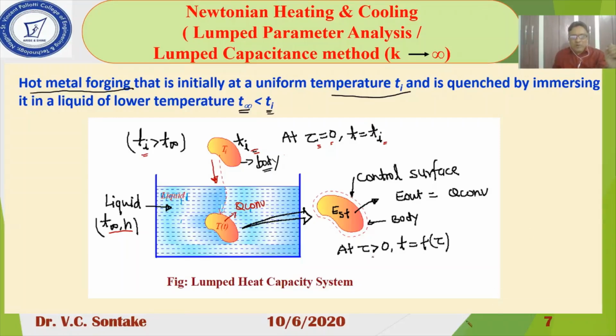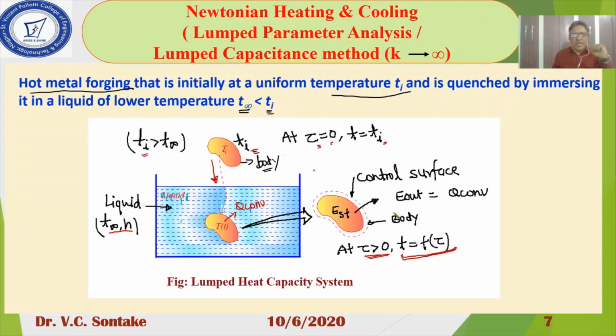So at any moment of time tau greater than 0, the temperature of this forging or body will be a function of time. I want to find out what this T will be at a particular instant of time tau.